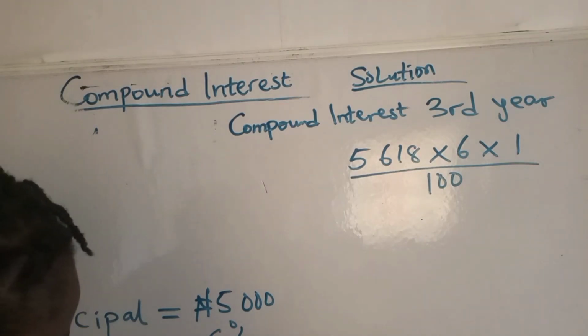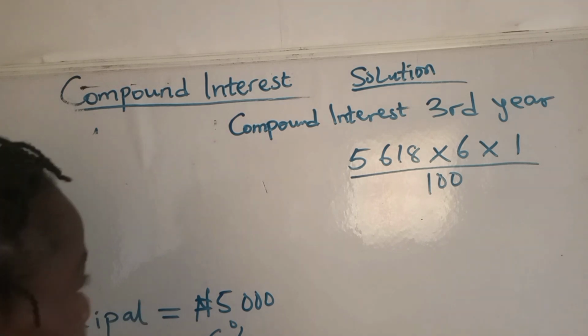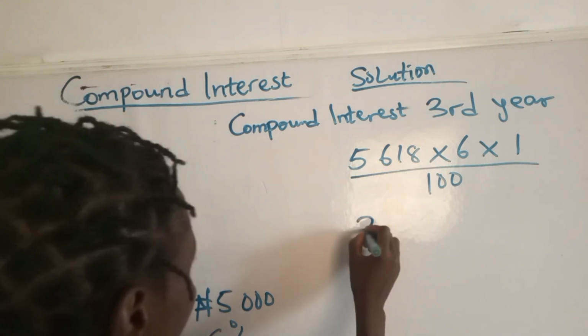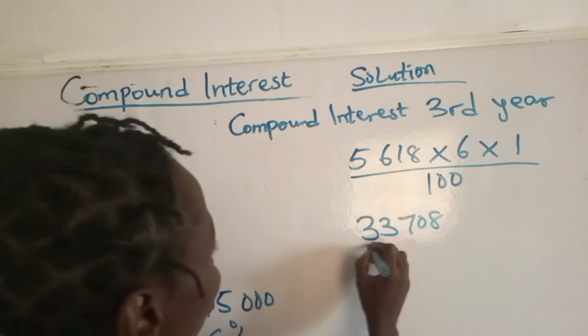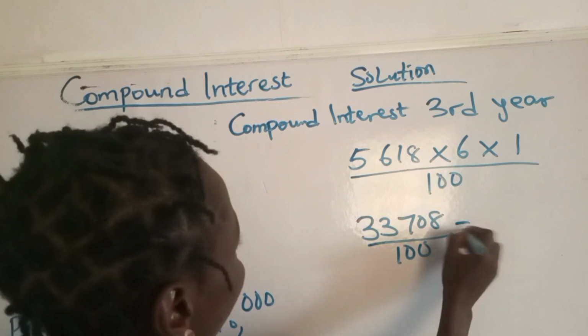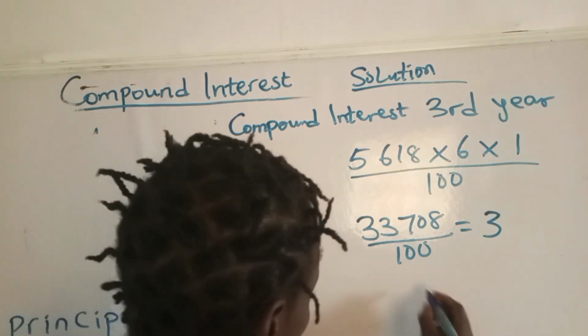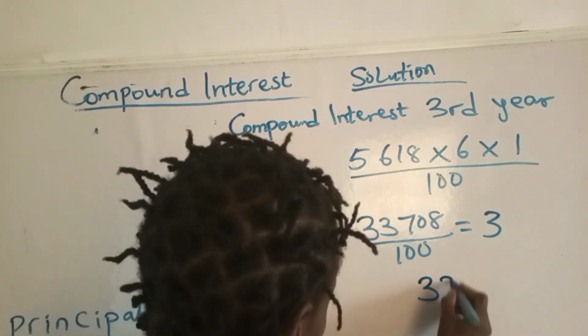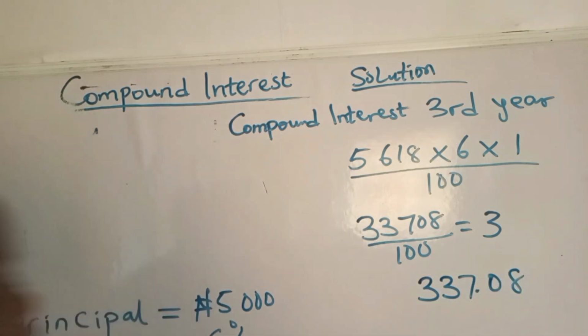We are saying 5,618 times 6 times 1. Our answer is 33,708, all over 100, divided by 100. We have 337.08.